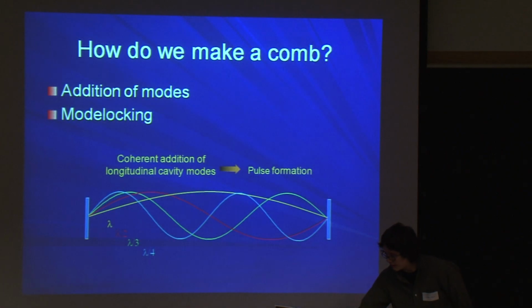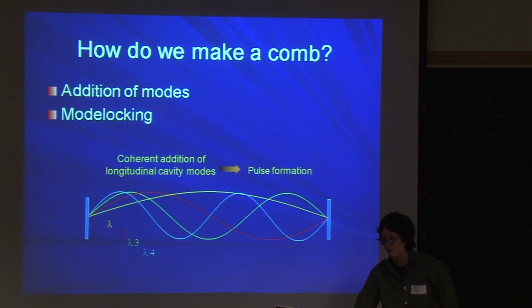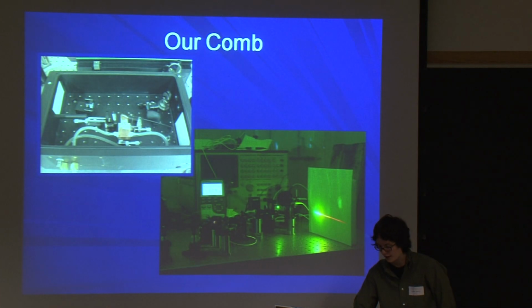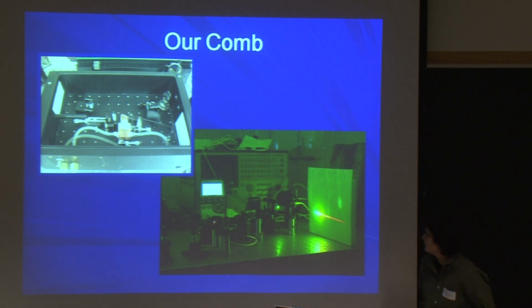So the comb is made with addition of modes. Those are all the different frequencies. As more and more of them interfere, you get shorter and shorter pulses. It looks like that. And we try to mode-lock the laser, which means that the pulses only go in one direction from the cavity. Here's our cavity right here.